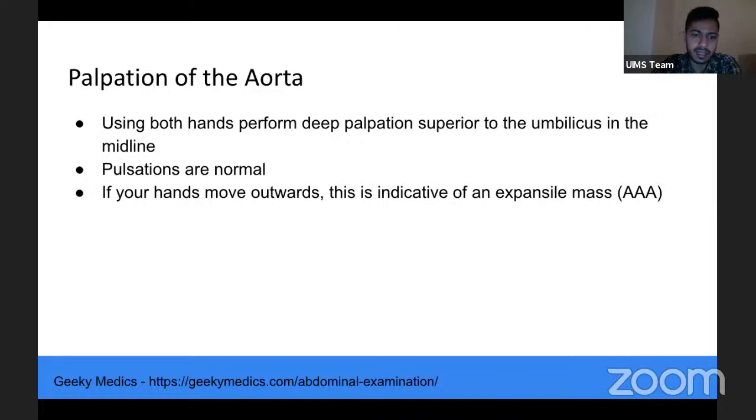The whole palpation of the aorta is quite a crude clinical test, and as a result, you would definitely need more extensive investigations to confirm the diagnosis of an abdominal aortic aneurysm. But if you can palpate the aorta and there's an expansile mass, this usually gives us the go-ahead to investigate.